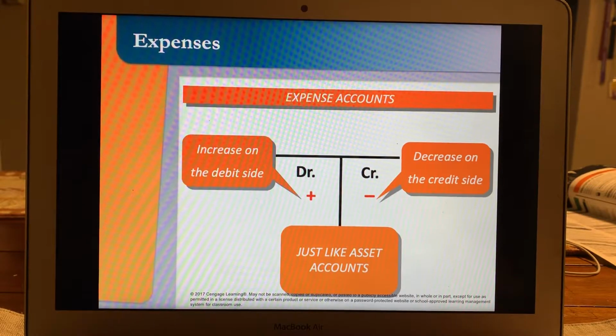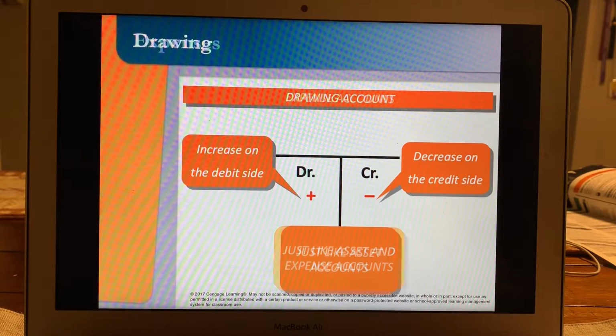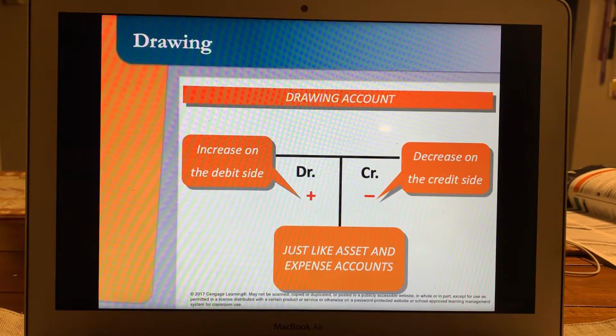So they go down. If you're crediting an expense account, it's going to decrease. Drawing account. This is whenever you pay dividends or things of that nature. A debit is going to be an increase and a credit is going to be a decrease. So just like it's noted on there.